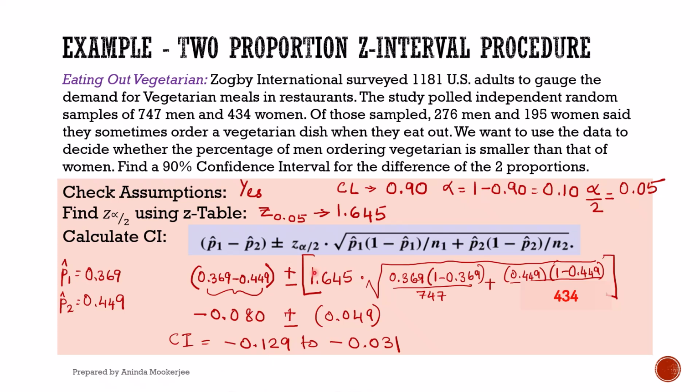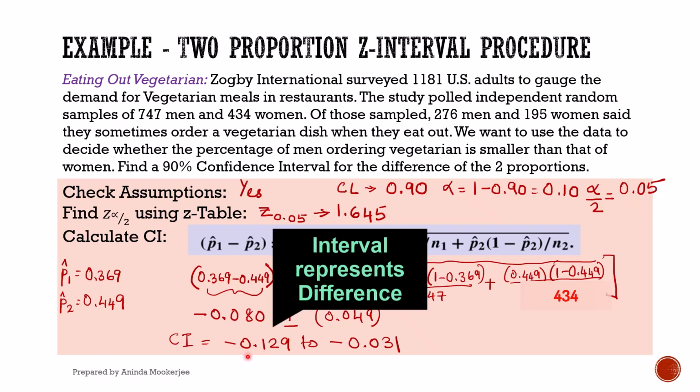Now, one thing I want to talk about here is how to analyze the confidence interval values. How do we interpret the confidence interval after we come up with the endpoints, in other words? Now, remember that these values are differences. These are not proportion values. Proportions cannot be negative, right? So these are differences between the two proportions.